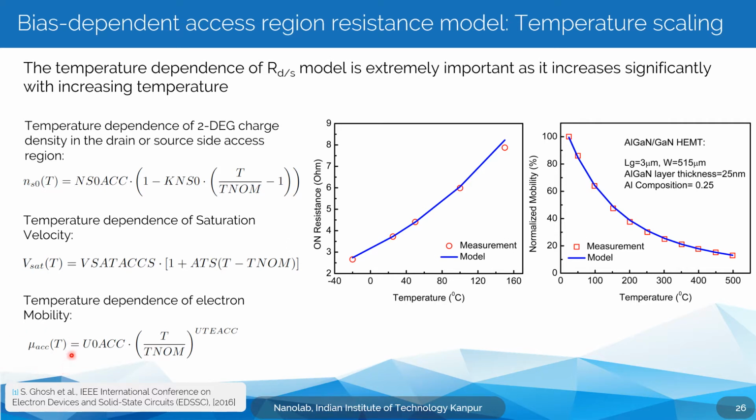These three effects combined provide a very robust temperature dependence model, as you can see. These are the measurements of the on resistance at different temperatures, and this is the model. It very accurately captures the behavior.